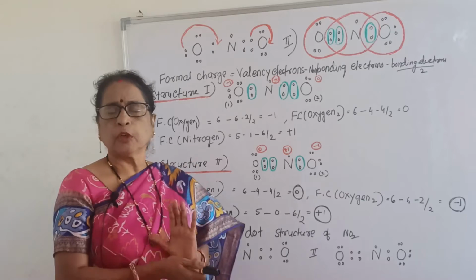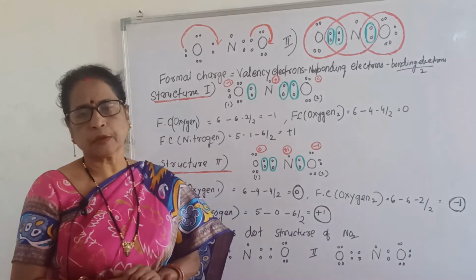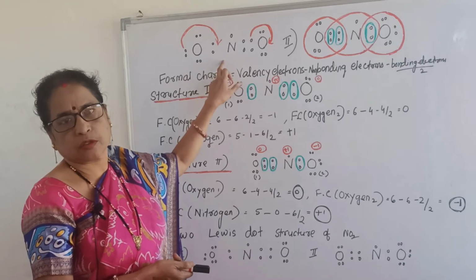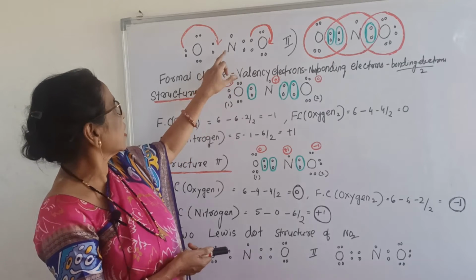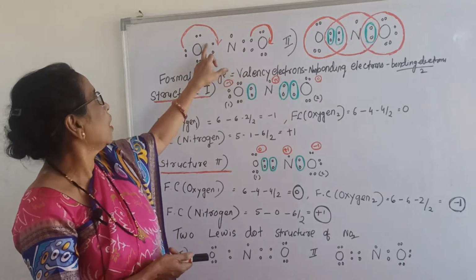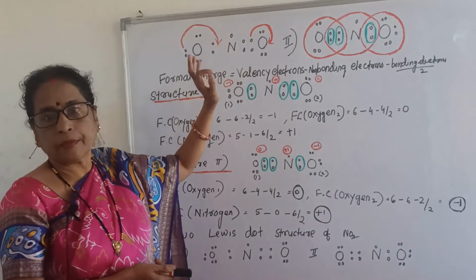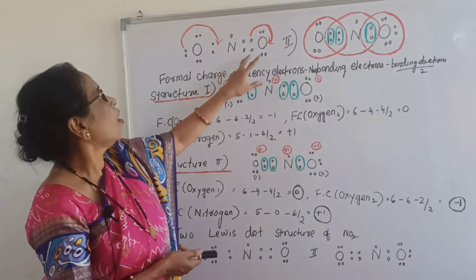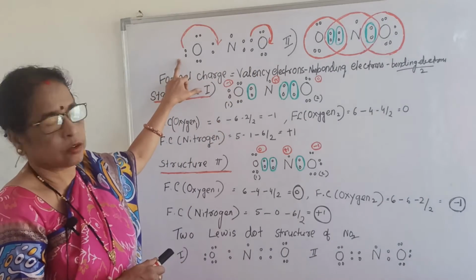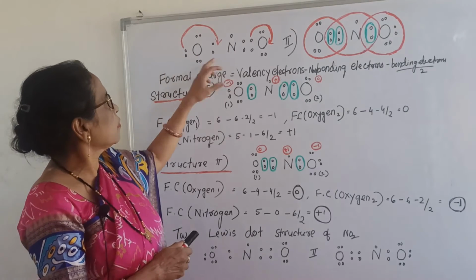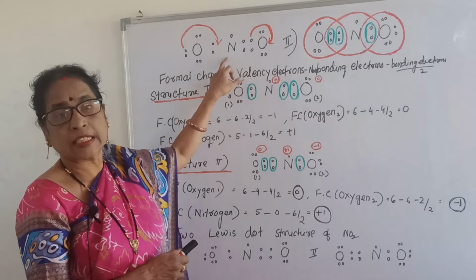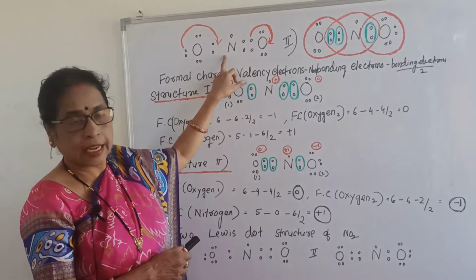We will now see the second Lewis structure for nitrogen dioxide. Now the Lewis dot structure for nitrogen dioxide, that is structure number 1, is not satisfied because nitrogen has 1, 2, 3, 4, 5 electrons, whereas oxygen has 8 electrons, and this oxygen also has 8 electrons. So nitrogen is not satisfied by 8 and has only 5 electrons, 3 less than 8.